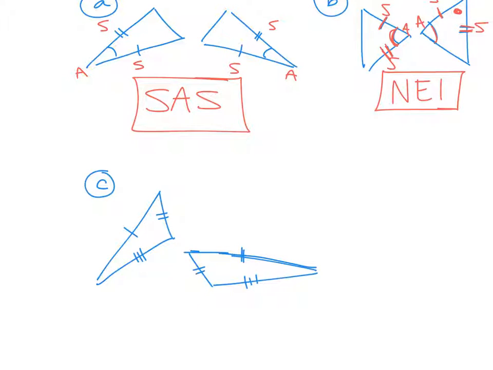Based on markings, not my terrible drawing, what would this one be? That is SSS. You have a side with a side with a side, right? So SSS would work here. So you would say SSS. Okay. How about this one?